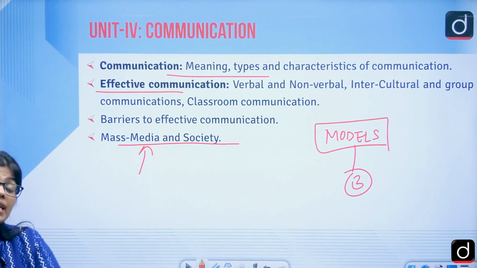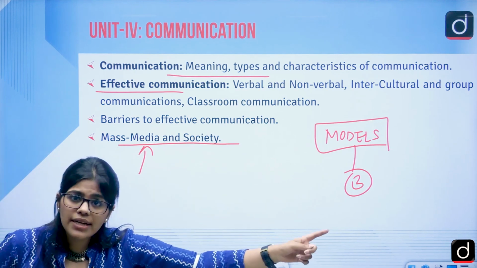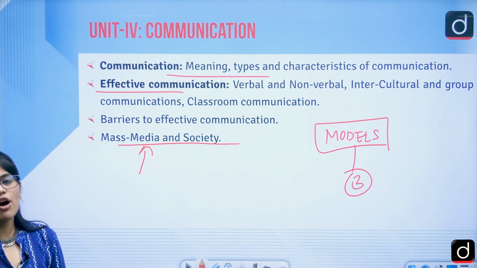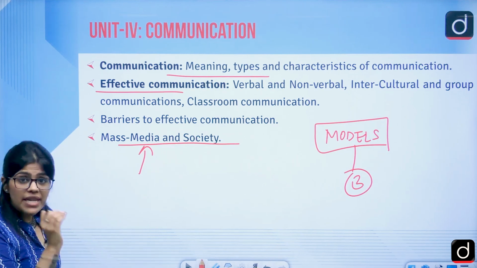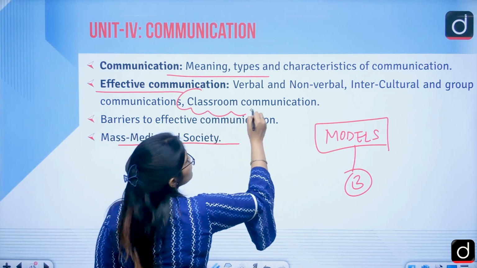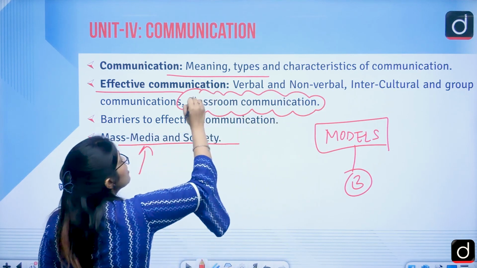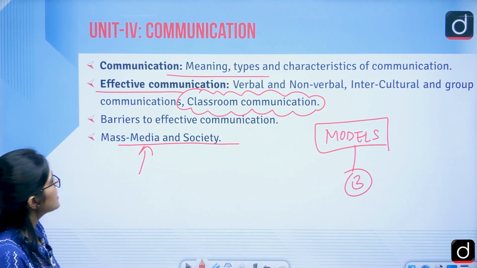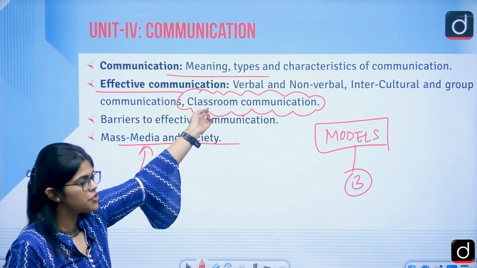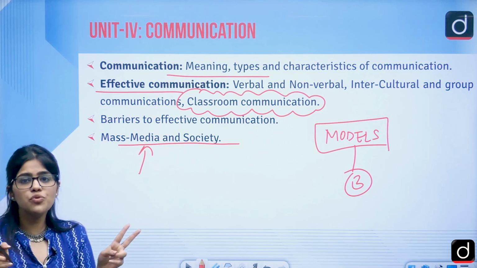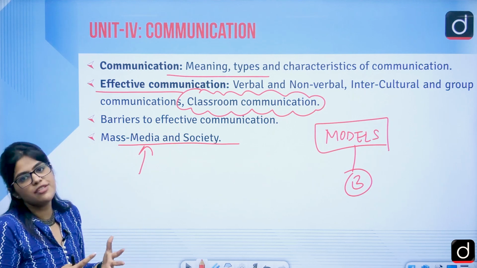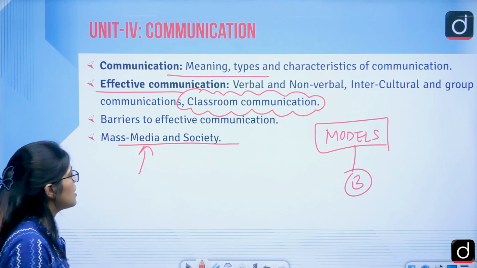And we'll be dealing in greater detail with what the 3 types are, and under those 3 types, what the different models of communication are. Very important, they ask questions from classroom communication. From here, you see that they are asking interdisciplinary questions related to your teaching aptitude and communication. So these 2 units are clubbed together, and we see how effective communication can be done in the classroom.